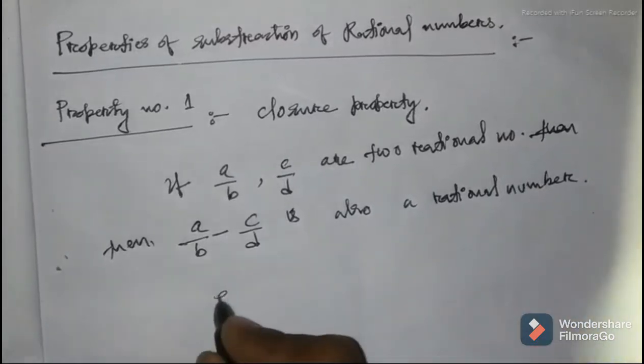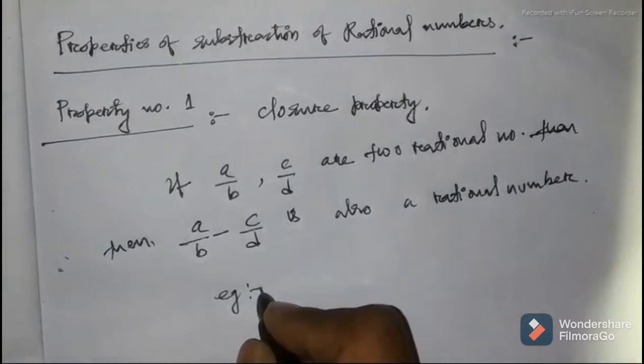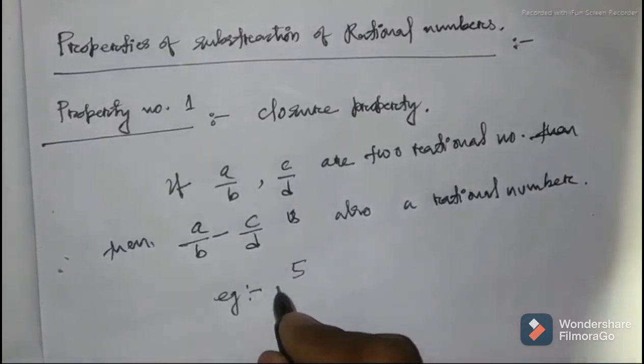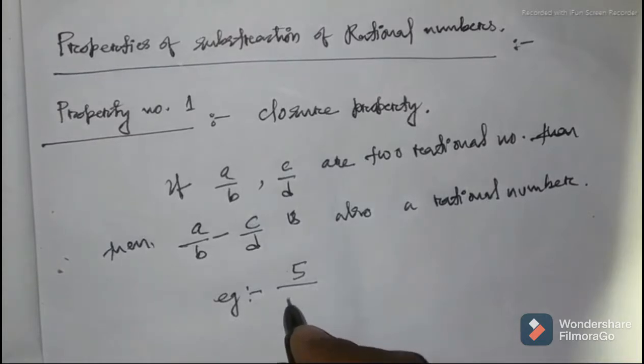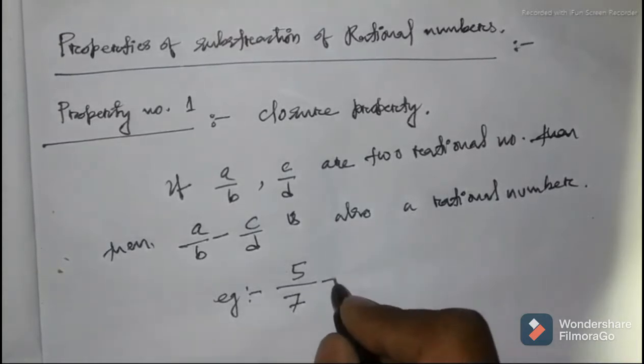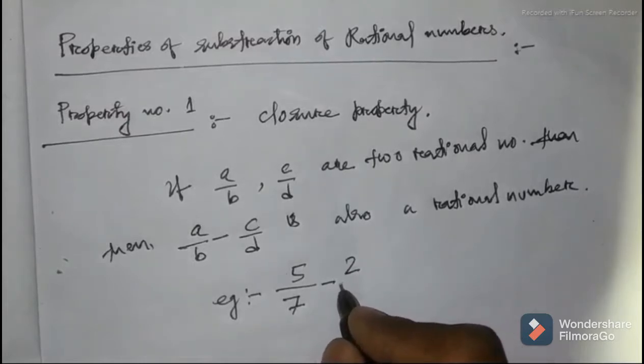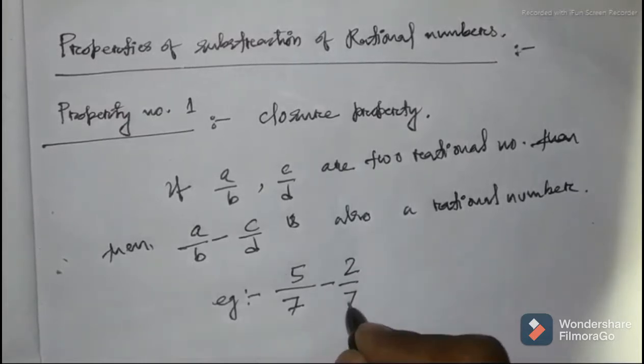For example, let me say 5 by 7 minus 2 by 7.